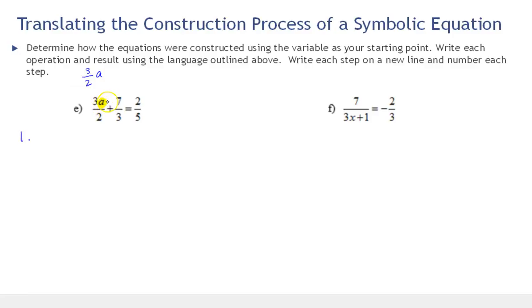Okay? So if we put in a number for A, say 5, the first thing we would do is multiply that number by 3. Okay? So we'll start with A is multiplied by 3. Okay, then we'd have 3A. Then we're going to divide by 2. So the last step was multiplied, so we'll say the product is divided by 2.